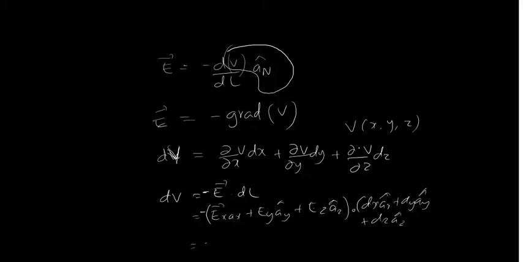So if you multiply, the dot product will be minus Ex dx plus Ey dy and Ez dz.